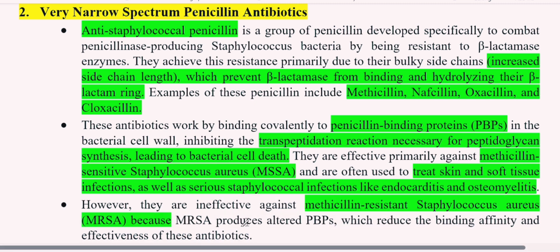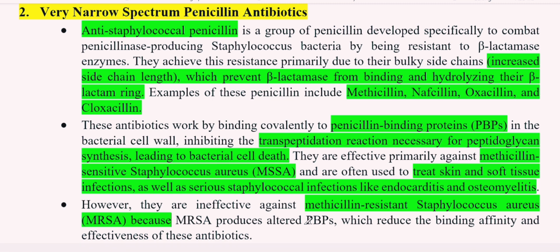Why are they not active against MRSA? MRSA produces altered protein binding sites. As in the above paragraph, I told you that these antibiotics bind with the penicillin binding proteins.